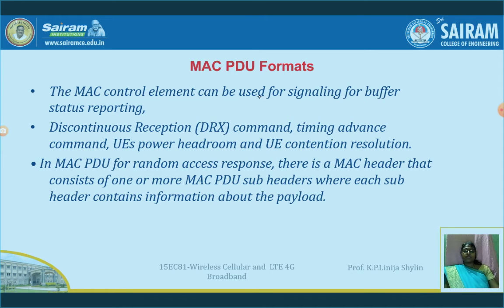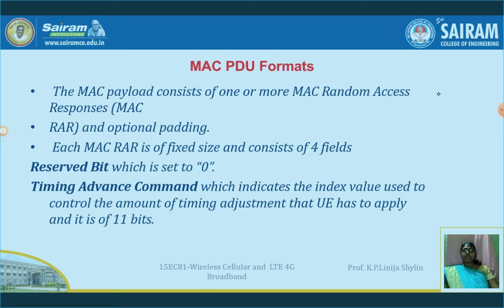Followed by this, let us see this one. See, reserved bit. The reserved bit is nothing but a bit which will be set to 0. Then the timing advance command will indicate the index value of the timing adjustment that the user equipment has to apply, using 11 bits.